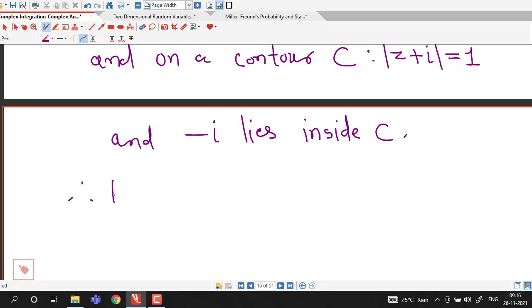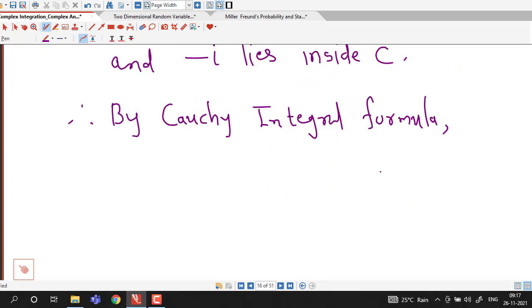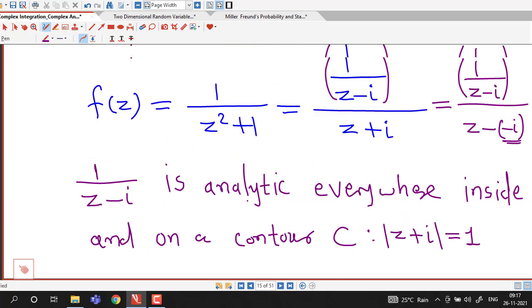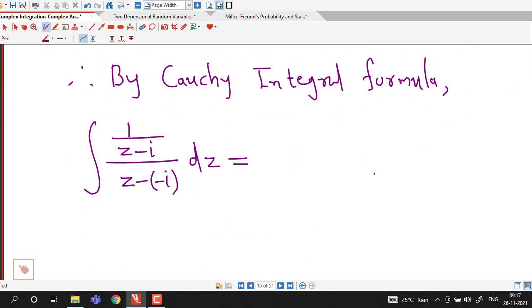Therefore, by Cauchy integral formula, the integral of 1 over z minus i, with z minus minus i in the denominator, dz will be equal to 2 pi i times the value of the function in the numerator at point z0. Here our function is 1 over z minus i. First we write 2 pi i.